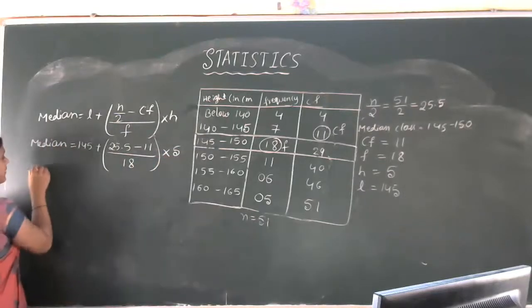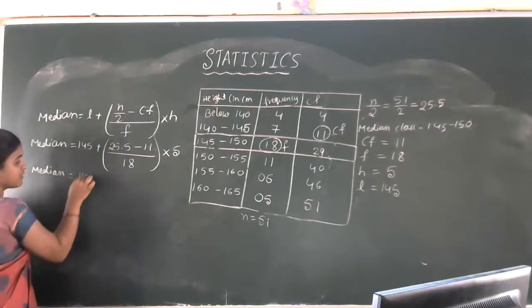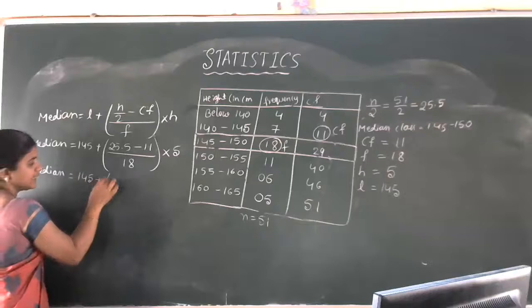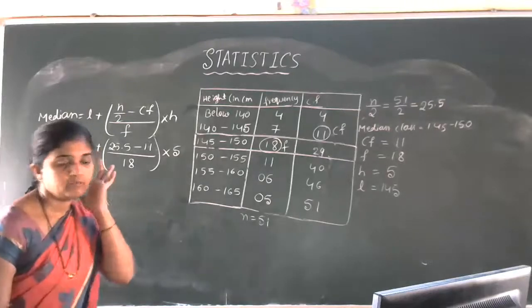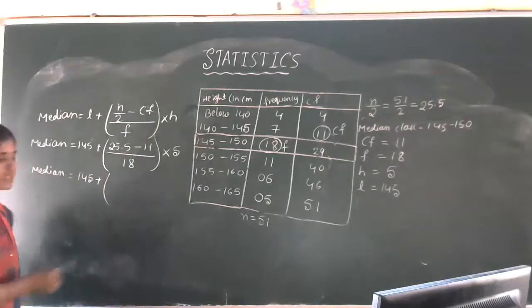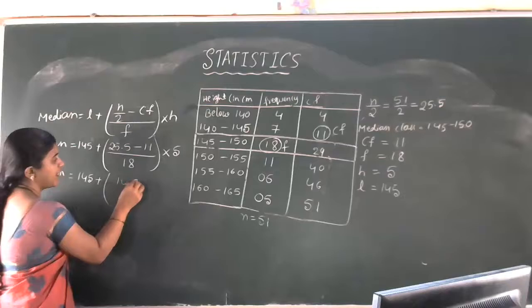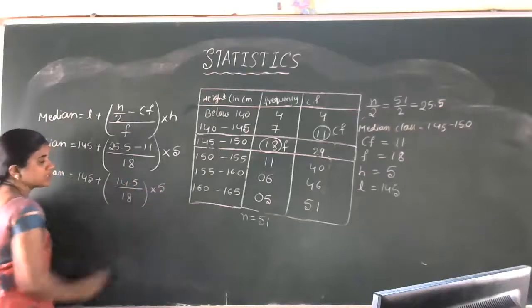Now quick calculation. Median is equal to 145 as it is. Next, 25.5 minus 11, that is 14.5, divided by 18 into 5. What is the next step?